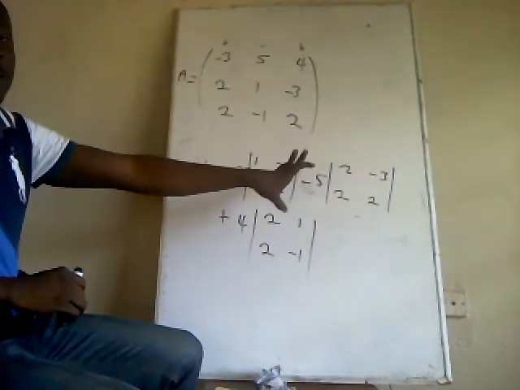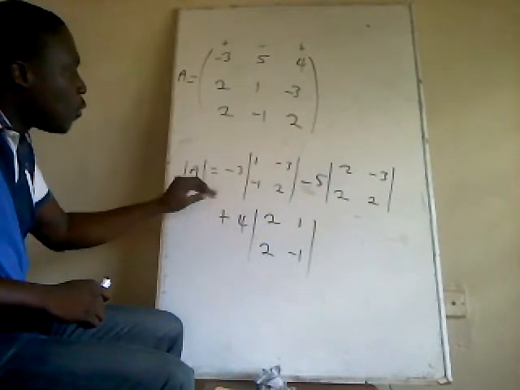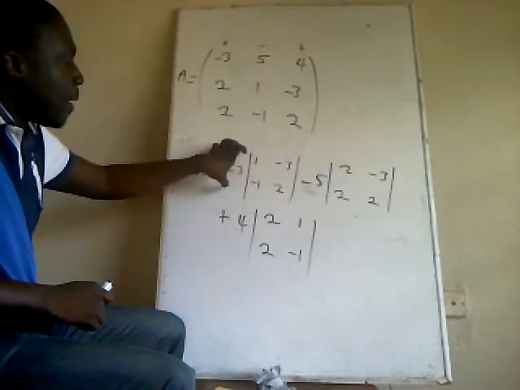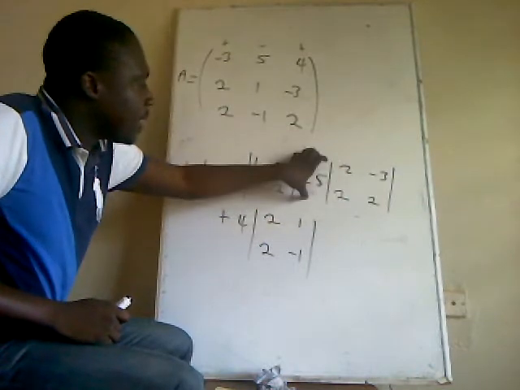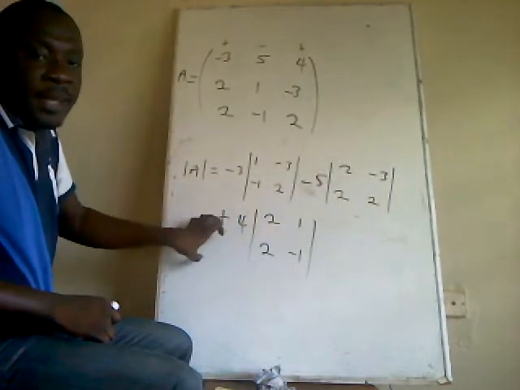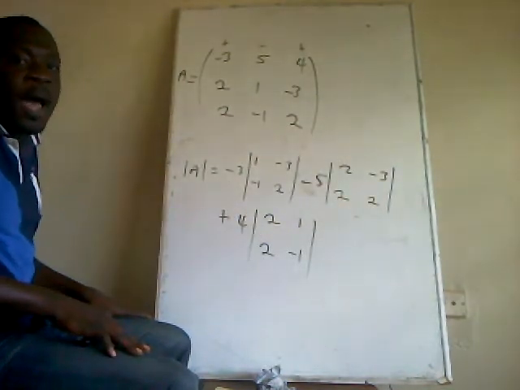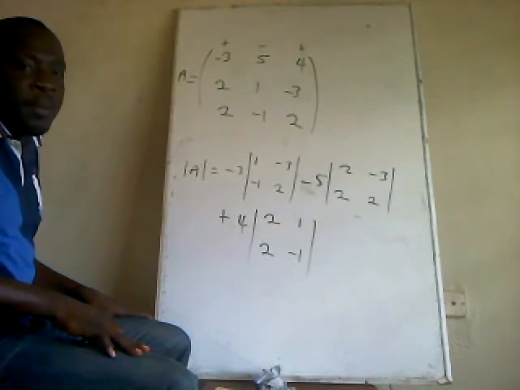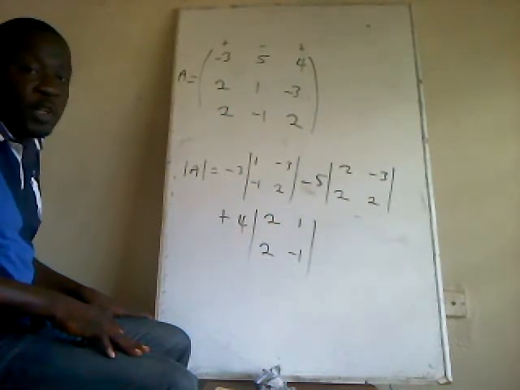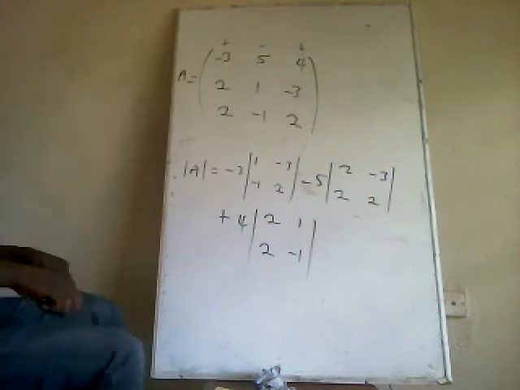Then I finish the computation. And this is something you can do. You can find the determinant of this multiplied by that, determinant of this multiplied by that, determinant of this multiplied by that. And we would have our determinant. Okay. I was trying to be lazy, but let's finish the computation.